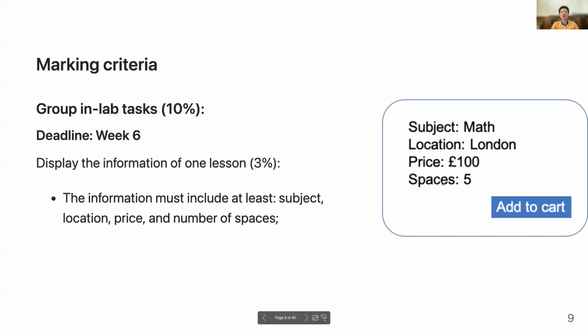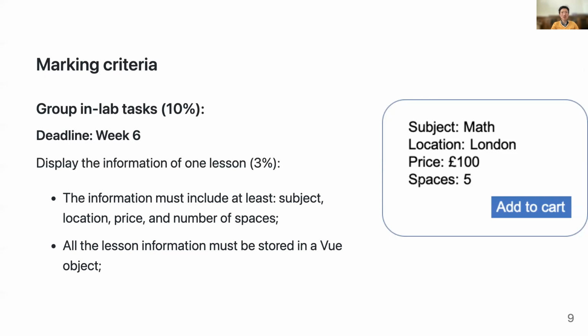You need to include this information there: subject, location, price. And then the information needs to be stored in a Vue object. What this means is you're not allowed to hard code this in HTML. You have to store this in the Vue data, which I'll explain later what that is, and then use that to display on the page or in the app.